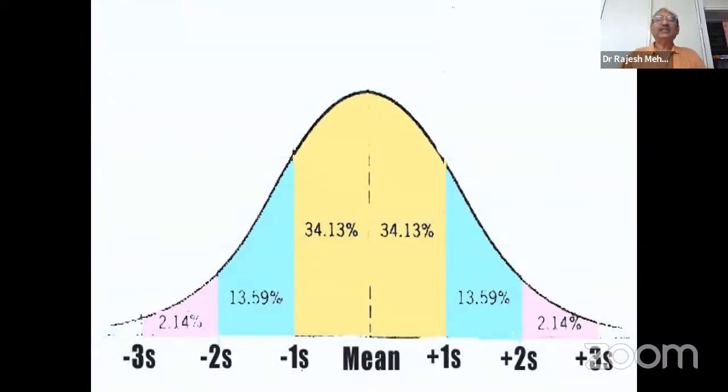Now, if you want to understand this chart properly, you should try to develop a histogram. Without using a histogram yourself on your own data, it will be difficult for you to understand this.